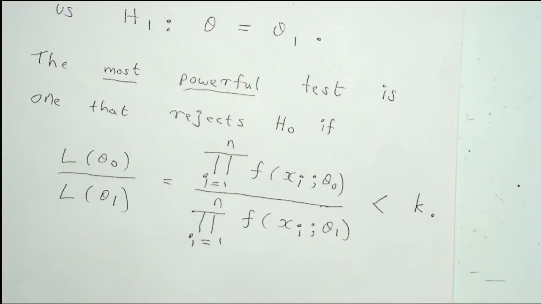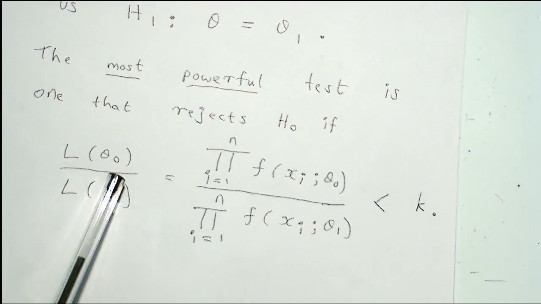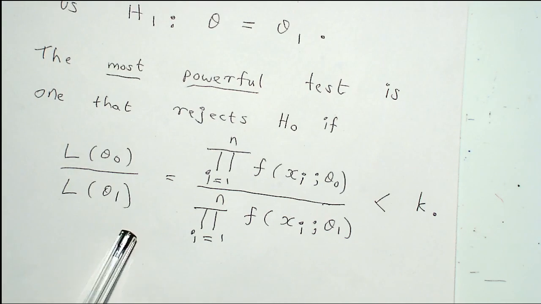Right? So the test that will reject the null hypothesis if the ratio of the likelihood at theta 0 to the likelihood at theta 1, which is this divided by this. Remember guys, we did many examples on ML likelihood functions, right? A likelihood function is the product of the density function.